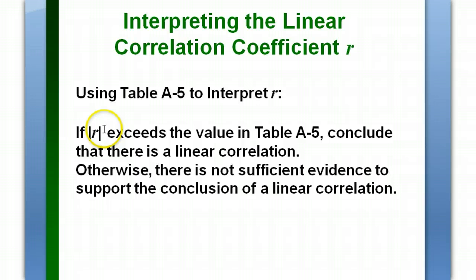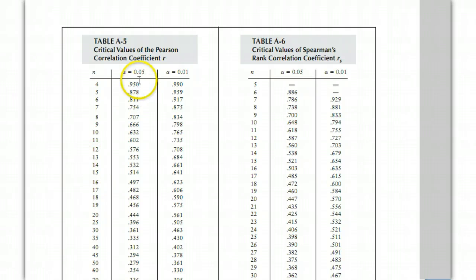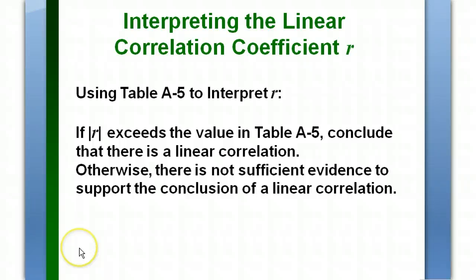The way that this works is if your absolute value, just in case you have a negative correlation, you always use the absolute value. If it exceeds this value from the table, these different values right here for 0.05 or 0.01 for your significance level, then you're going to say that there is a linear correlation between the two variables.